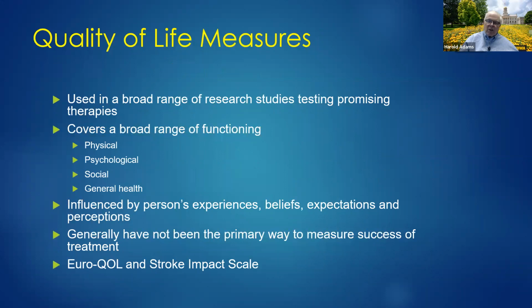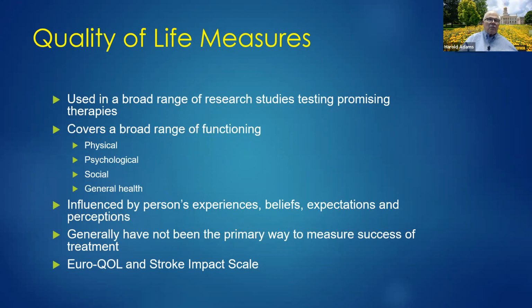Now, in addition, we have quality of life measures. These are going to be required in basically every clinical study going forward. We want to look at physical quality of life, psychological, social, and general health. These are filled out by the patient directly and are influenced by the person's experiences, beliefs, expectations, and perceptions.